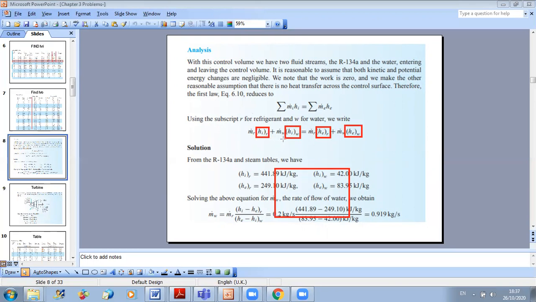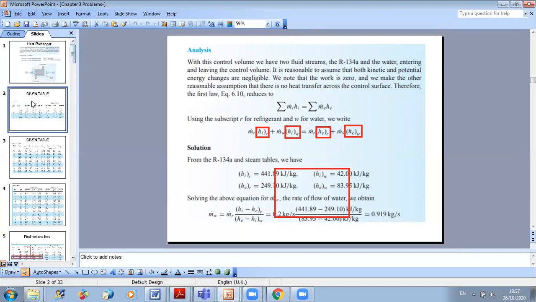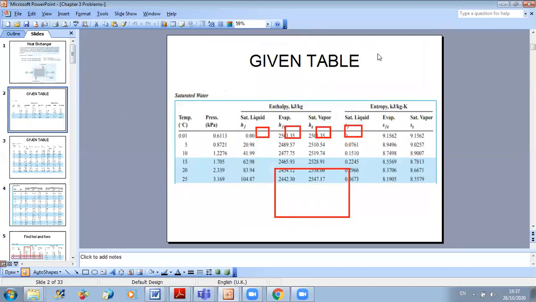To do this I will now go to the tables, and here you need two types of tables. You need tables for water and you need tables for the refrigerant R134A.